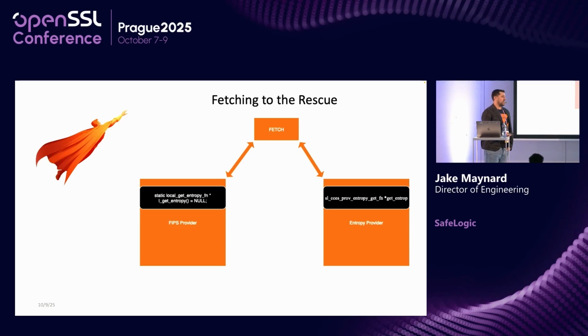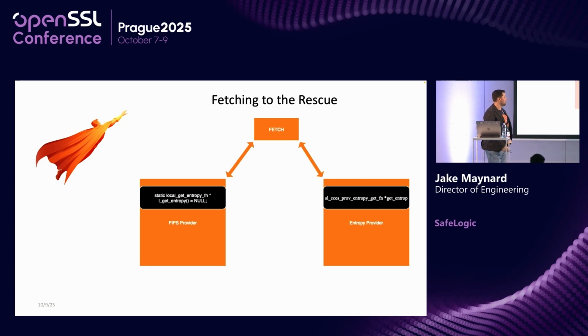So you might ask, how do we get direct access to the getEntropy API required by scenario 1B across providers? Additional comment 10 of IG 9.3.A allows for the use of callbacks to obtain the entropy as long as the callback path allows for direct access to the getEntropy interface.